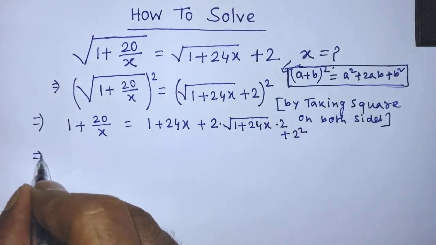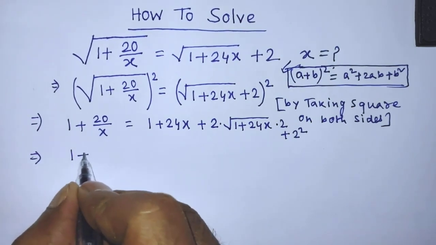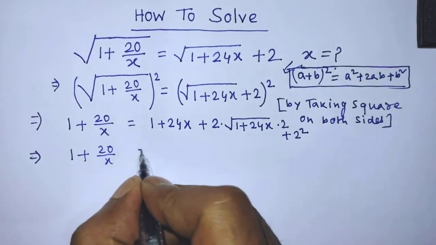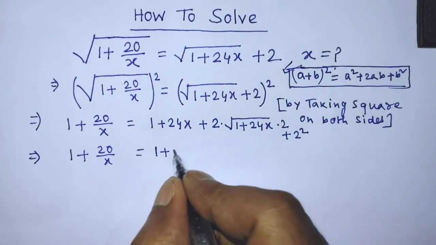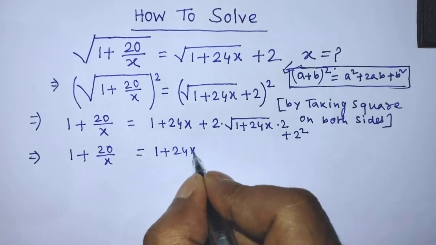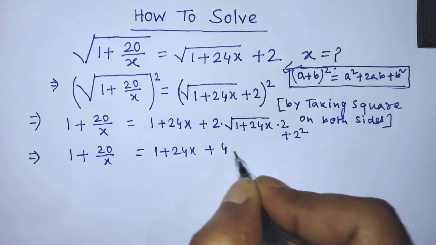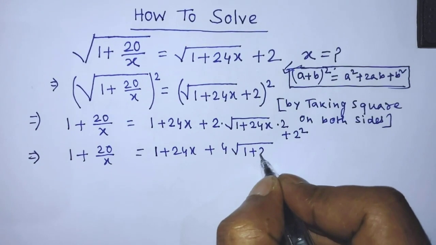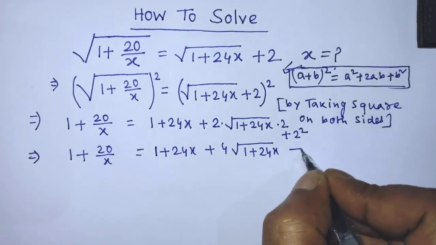After that it will be 1 + 20/x is equal to 1 + 24x + 4 times square root of (1 + 24x) + 4.